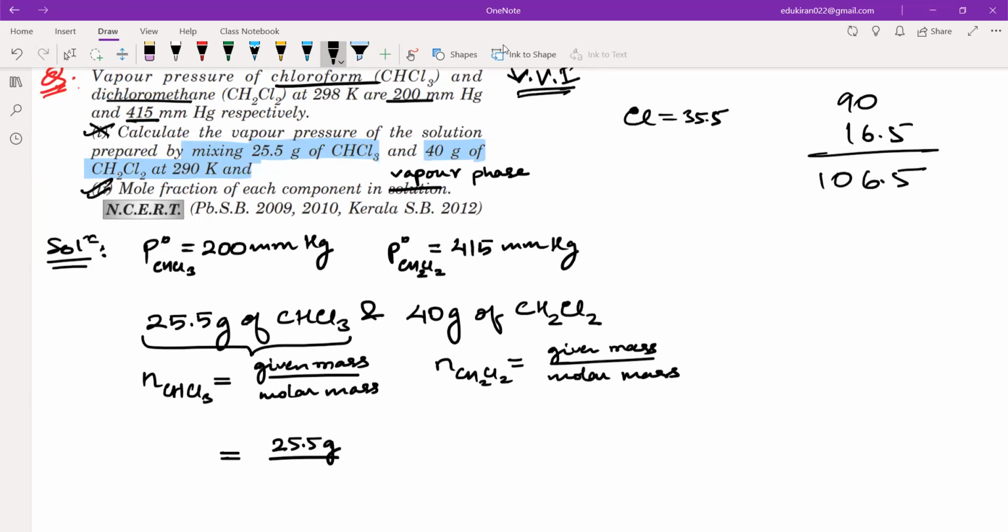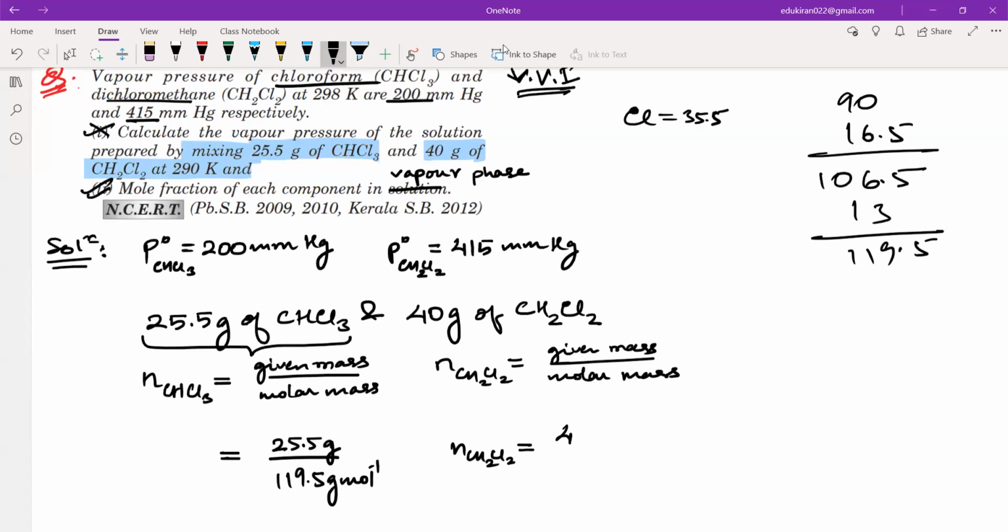Then you have carbon and hydrogen, 13. Carbon is 12, 1 hydrogen 13, so 119.5 grams per mole.